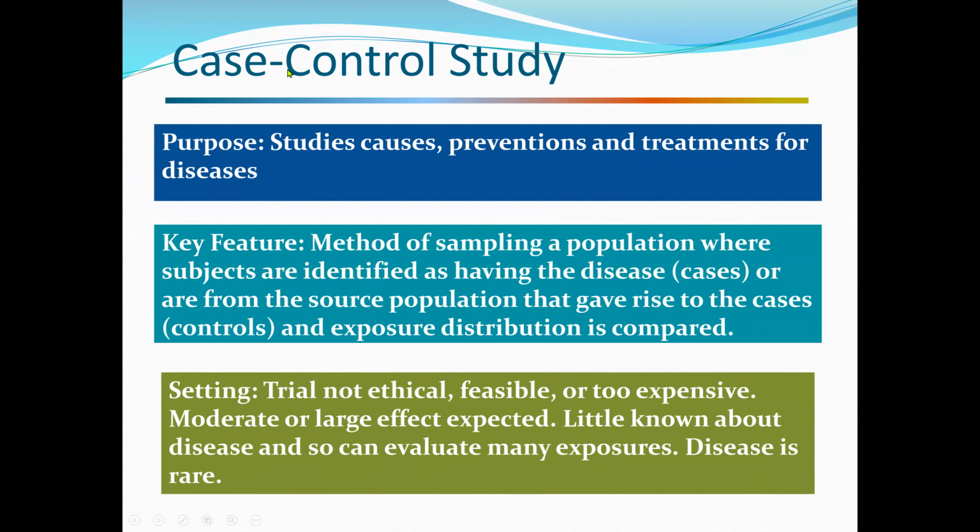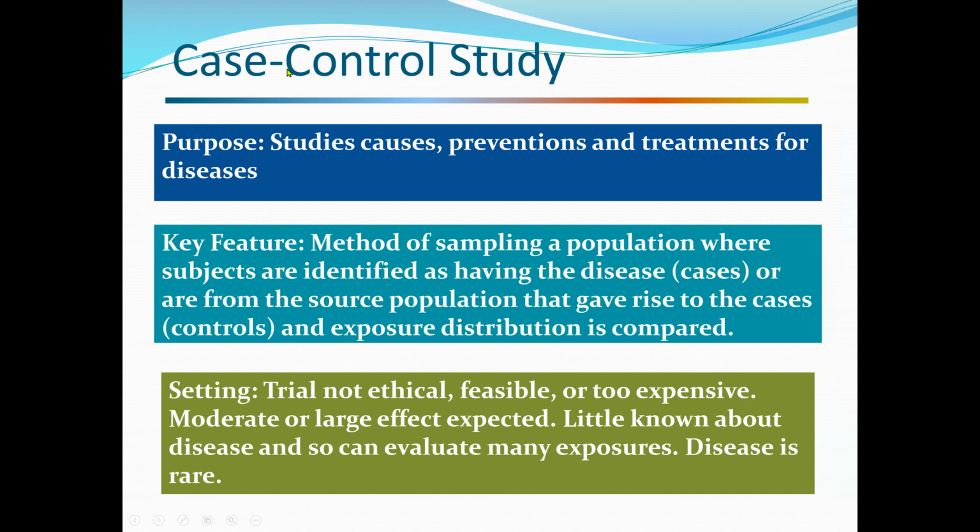So also we have what we call the case control studies. This also studies causes, prevention, and treatment for disease, same as cohort study. It is a method of sampling a population where subjects are identified as having the disease, which are the cases, or from a source population that gave rise to the cases, which are the controls, and the exposure distribution is compared.